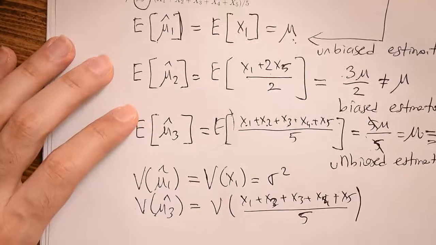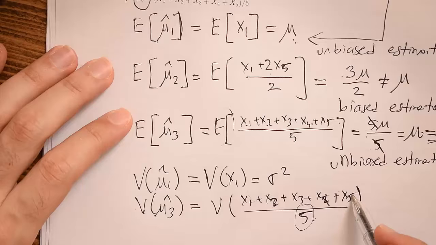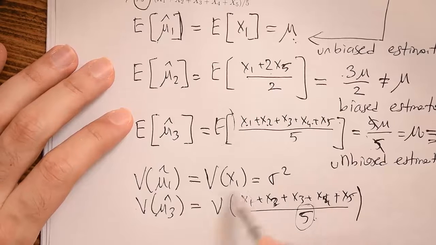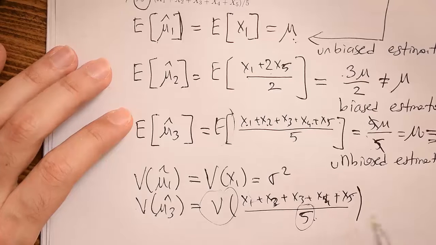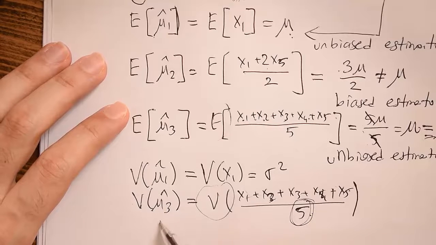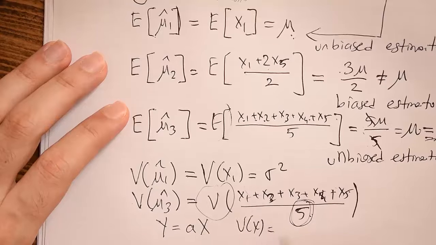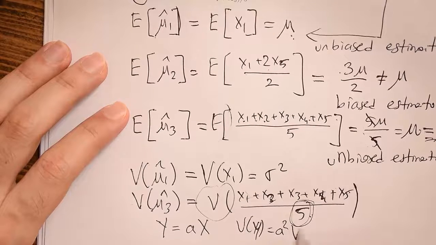We know that this constant is in front of everyone, and variances, again, can be treated as a linear operator. However, this constant has to be squared. Remember, if you have a random variable y equal to ax, then the variance of y is given by a squared times the variance of x.